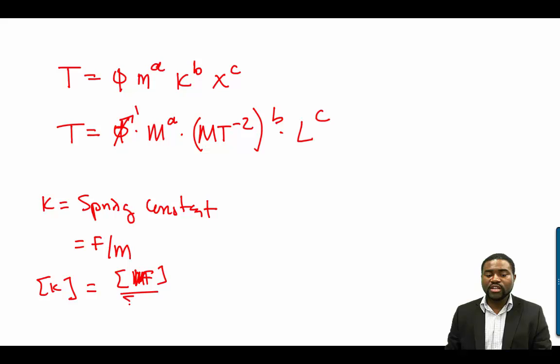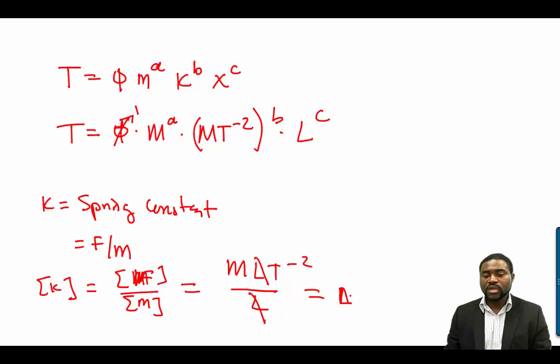Force divided by the dimensions of what? Distance, which is just going to be MLT^-2 divided by L. And this will give you M, and your answer will be MT^-2.